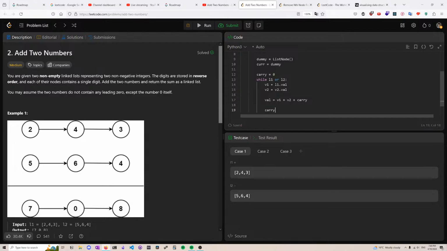Then update the carry if there is a carry, so val divided by 10. Val modulo 10.